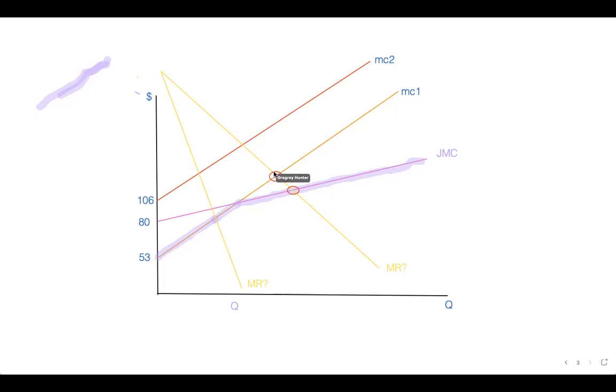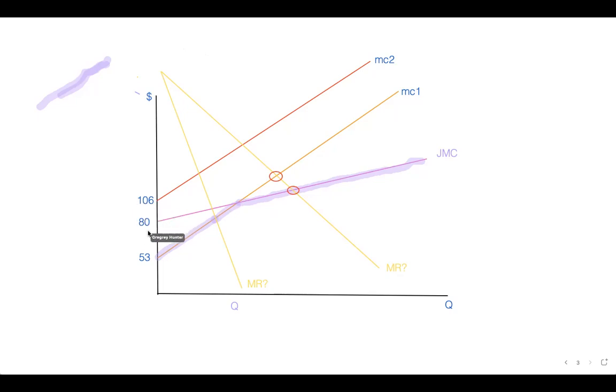So comparing these two red rings, what could happen is if I do two solutions, I do the marginal revenue curve and I find the intersection with the joint marginal cost curve, based on the joint production beginning at zero.